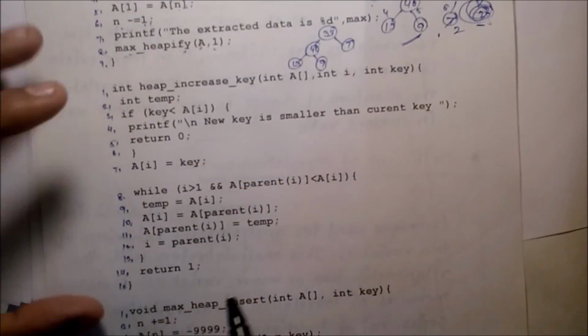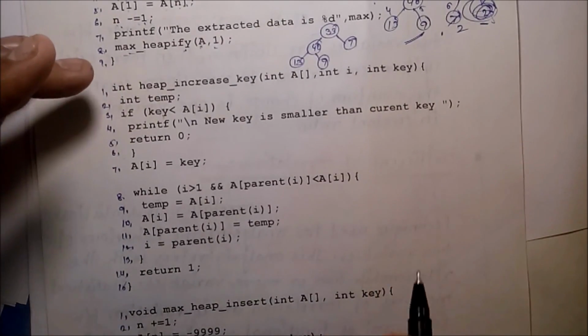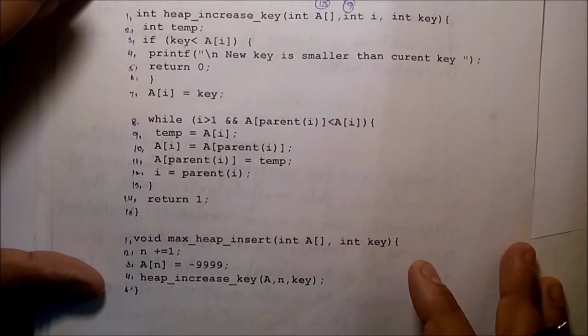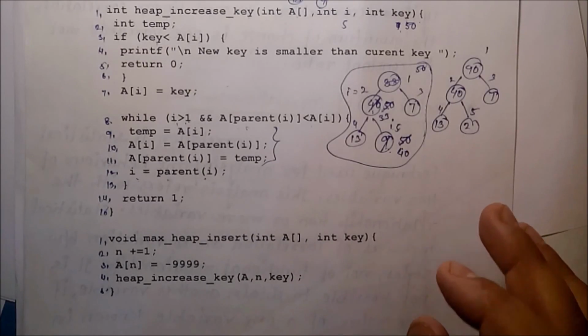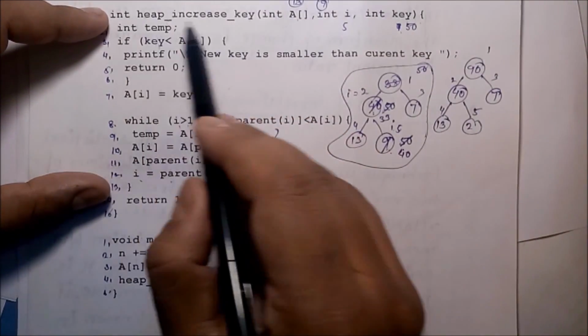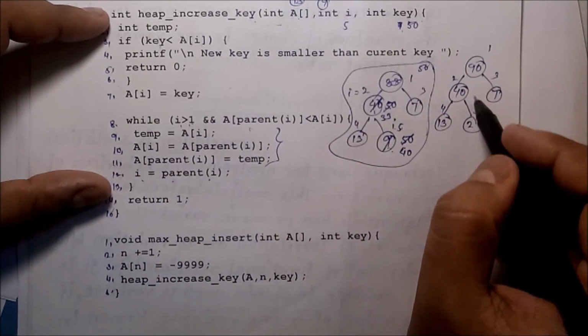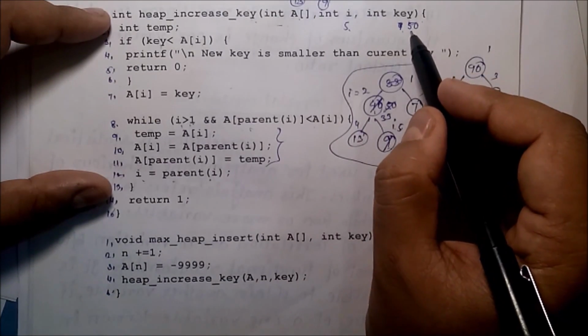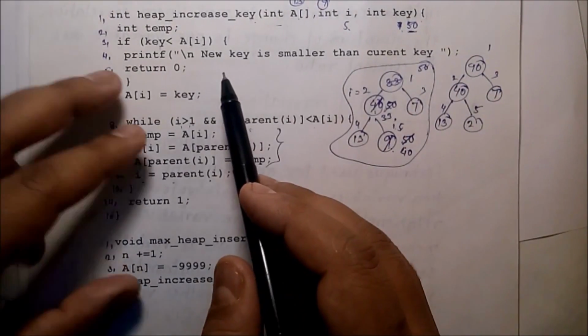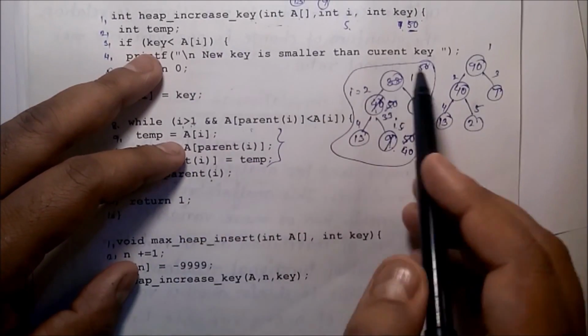These are the functions through which we can insert a value. Here we want to increase the key value. Suppose i is equal to 5 and the key value you want to insert is 50. Now, is key less than Ai? What is Ai?